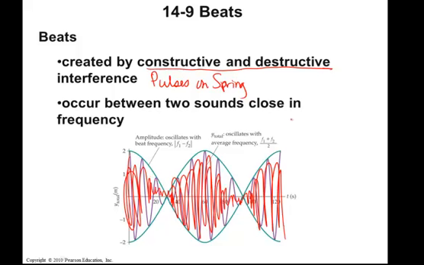Your beat frequency is the difference in the two frequencies: frequency 1 minus frequency 2. So in your lab, if you were looking at two tuning forks, let's say one had 250 hertz and the other one was 256 hertz, the difference is 6 hertz.